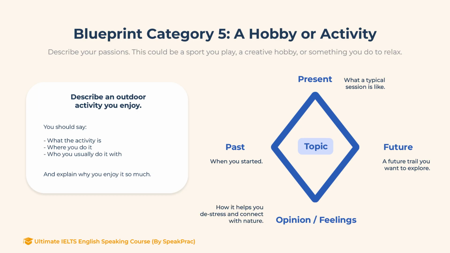Next, talk about how it helps you to de-stress and connect with nature, or makes you feel really positive. And that's where you talk about your opinion and your feelings. So as you can see, the topic diamond framework does it again. It can answer this type of cue card and many others.